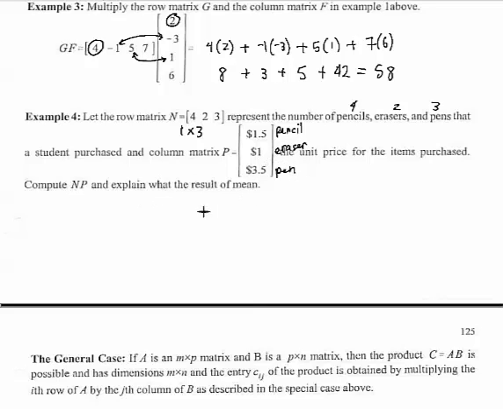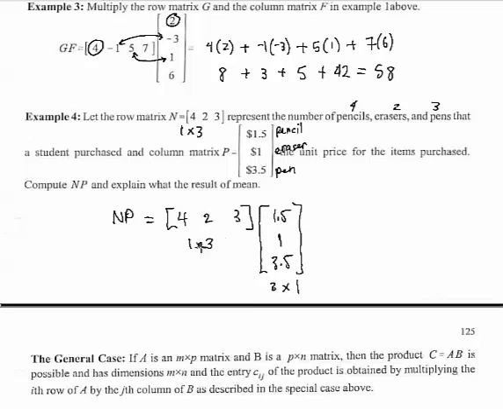Compute N times P, NP. If we wrote that out, it would be 4, 2, and 3, and then we'd multiply that by the column matrix, $1.50, $1, and $3.50. Again, here we have a 1 by 3, and this is a 3 by 1, and so the columns of the first matrix match the rows of the second one. The 3's match.